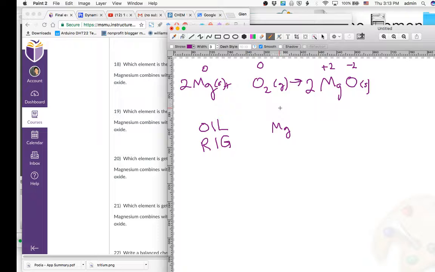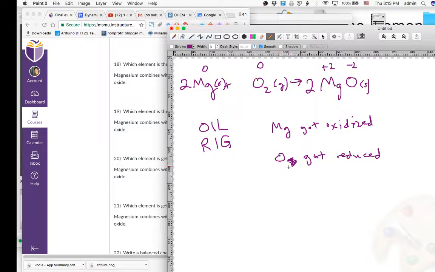The thing that got oxidized is not the oxidizing agent. The other thing is the oxidizing agent. So O2 got reduced. Actually, you can just write the atom.